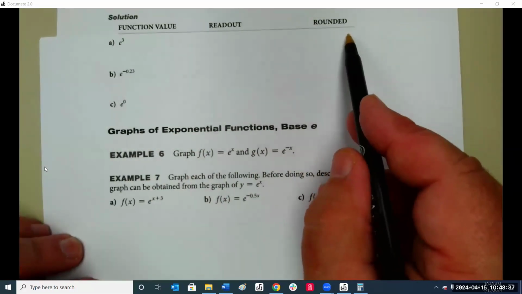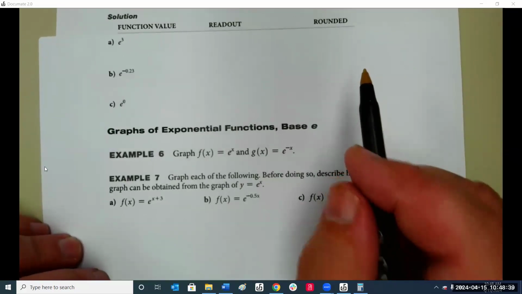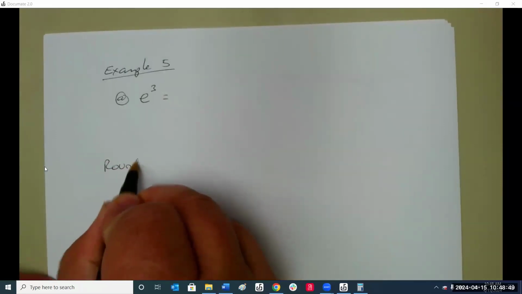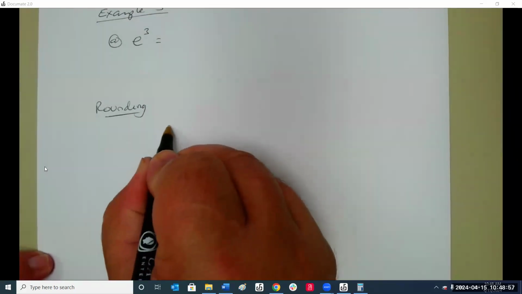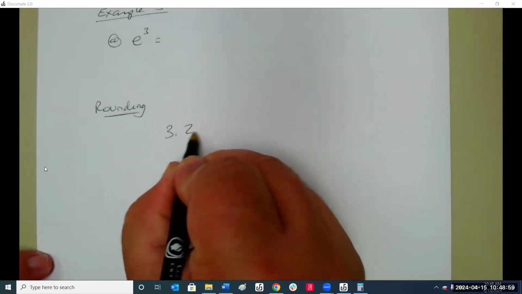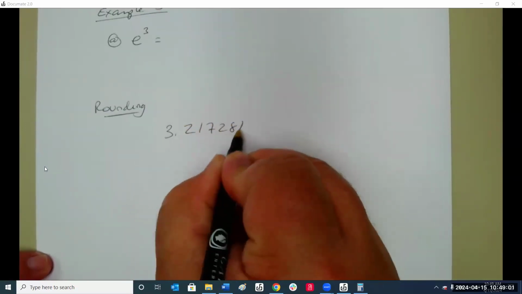The rounding rule. What is the rounding rule? The instruction says round to the 4th decimal place. Okay, so let's say we had a number 3.21728159.